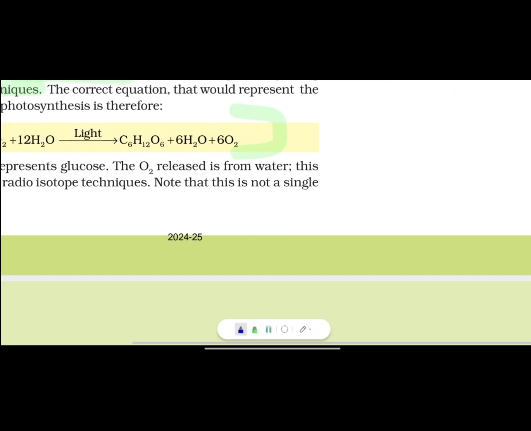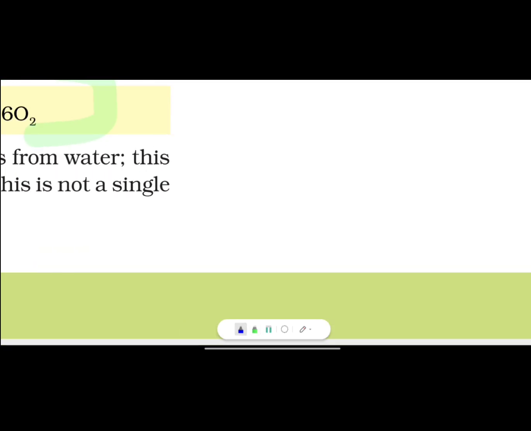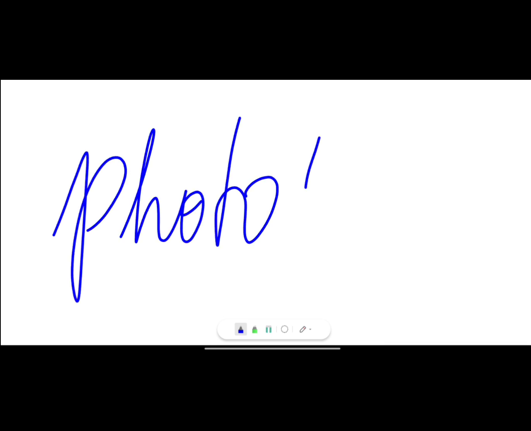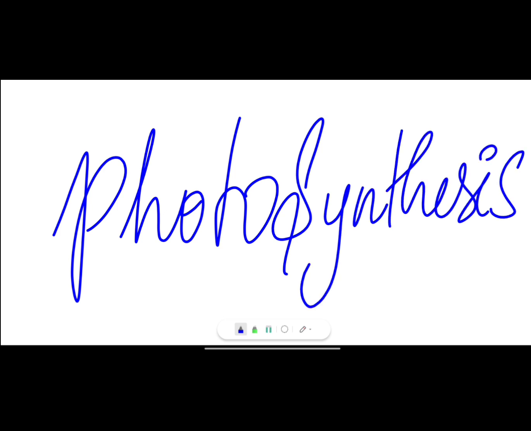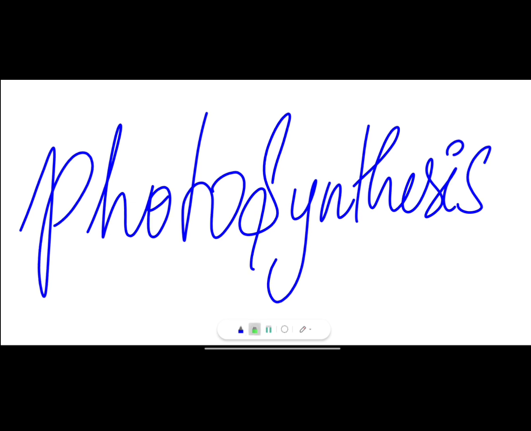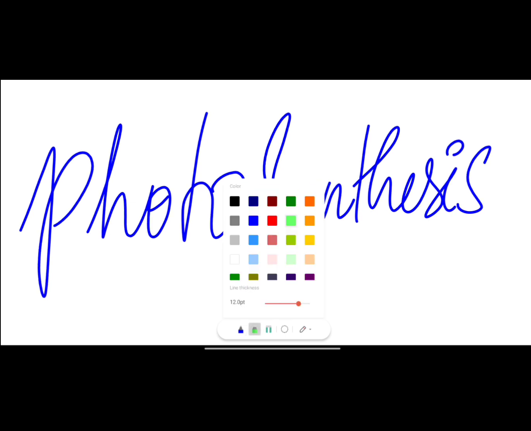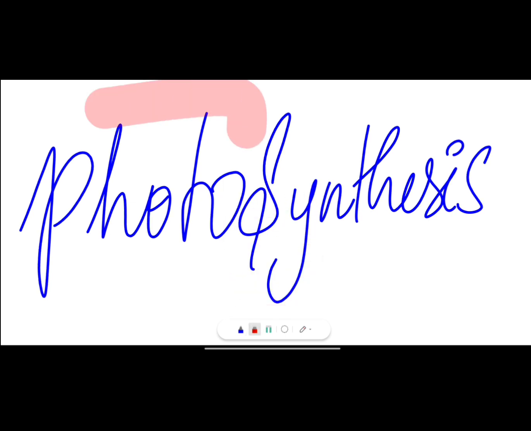Photo means light, so it is a light dependent reaction.